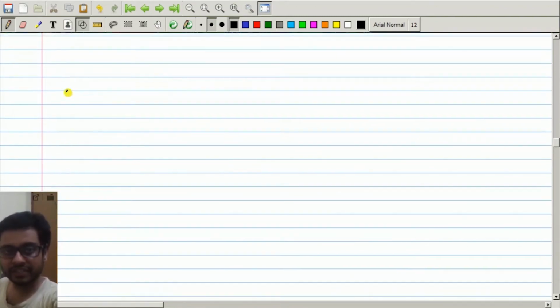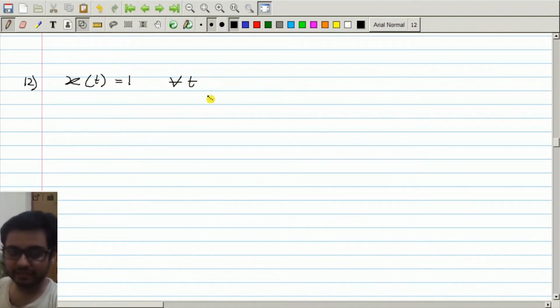Next, consider a signal, very simple signal, x t equal to 1 for all time, constant, from minus infinity to plus infinity, all time, this is equal to 1. Okay? So what will be the Fourier transform of this signal?